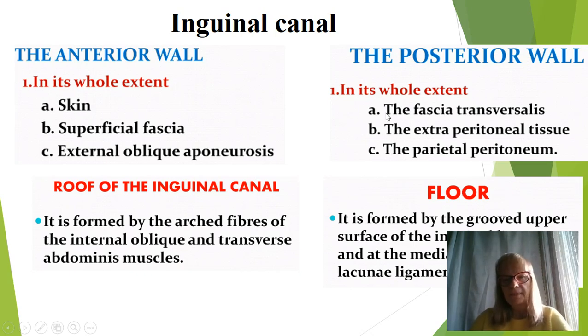We have the transversalis fascia of the abdominal cavity, some extraperitoneal tissue, and parietal peritoneum. The main structure here is the transversalis fascia. What is the roof, the superior border? Formed of fibers from the internal oblique and transversus abdominis muscles, next to the external oblique muscle. And what is the floor? The floor is the inguinal ligament.